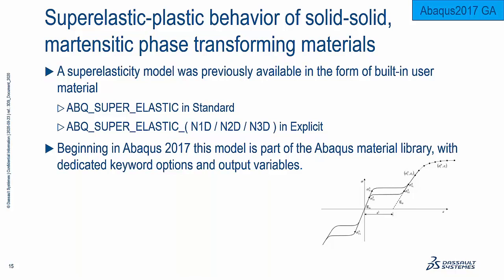These were available as built-in user subroutines in both Abaqus Standard and Abaqus Explicit. In Abaqus Standard, these were incorporated into the standard material library. With Abaqus Explicit, the general availability release of 2017, these became made available in Abaqus Explicit as well.